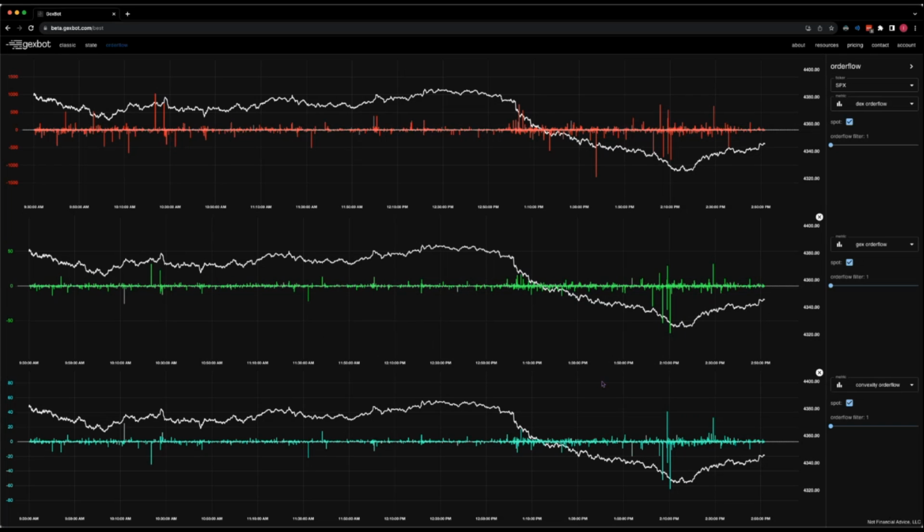We're looking at calls and saying that they have positive gamma, or puts and saying that they have quote unquote negative gamma. But in actuality, gamma is not determined by contract type.